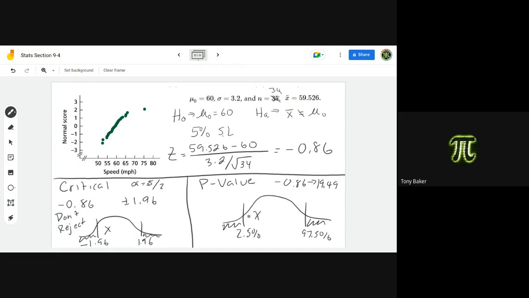So that's over in there. So again, don't reject. There's not significant evidence to show that the mean is different than 60 miles per hour.